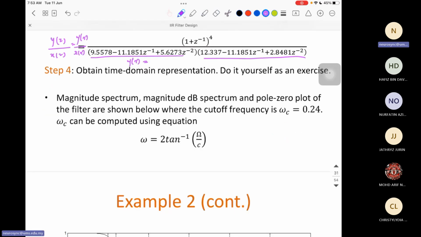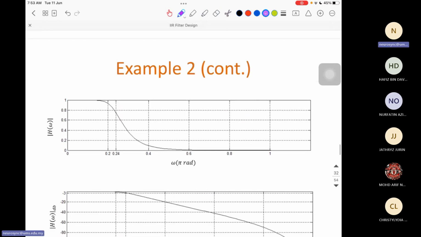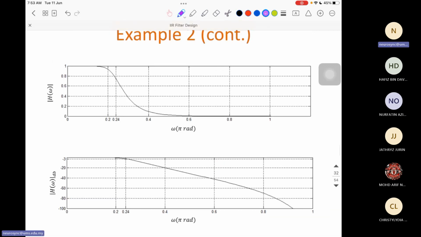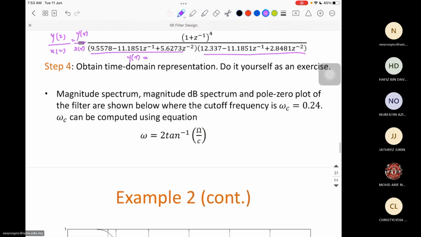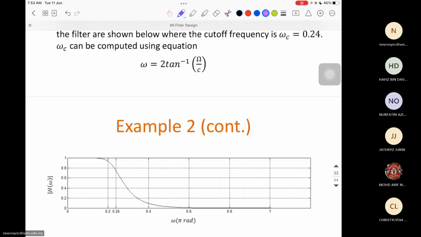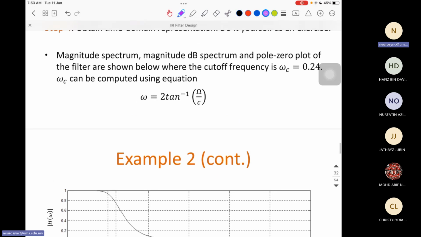Now I can show the magnitude plot, the phase plot, and the pole zero plot for this example. So this is the magnitude plot you will get here for the designed h of omega. So you can plot this in dB also. You can convert this in dB. So the cutoff frequency you will get here is 0.24.